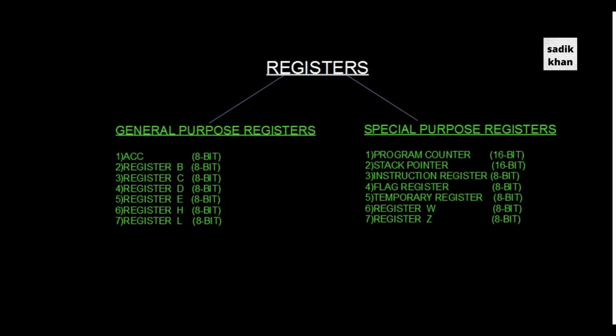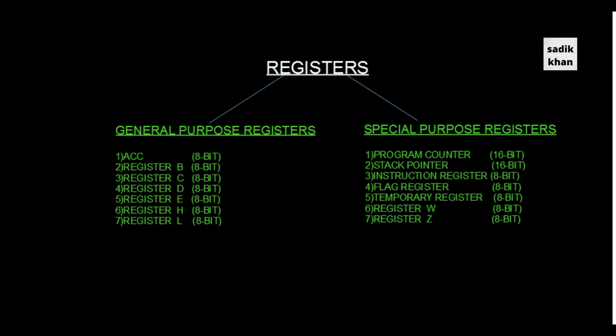Registers can be divided into two categories: general purpose registers and special purpose registers. General purpose registers means these registers are directly available to the programmer. These registers can be used as per the requirement. And for special purpose registers, the purpose of these registers is fixed.